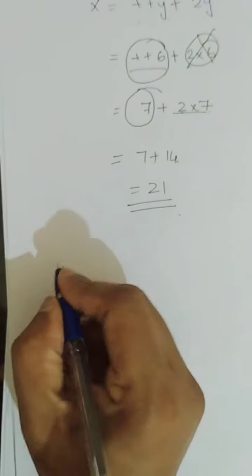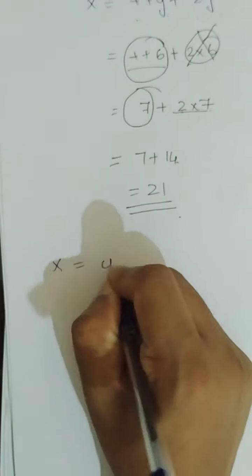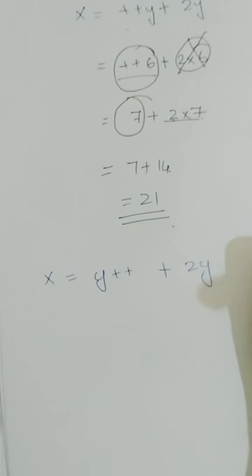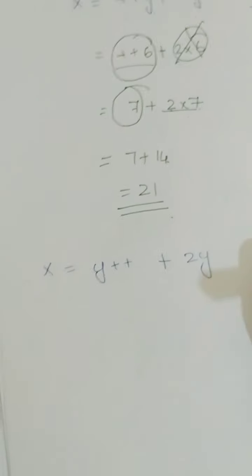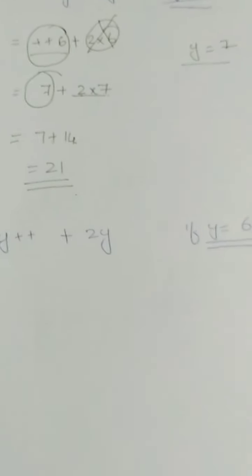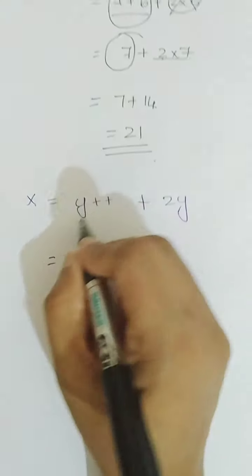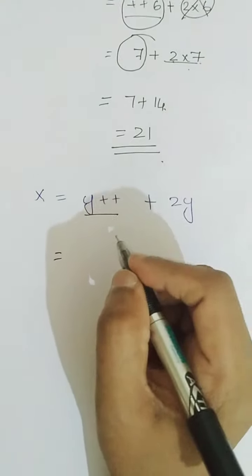Next, I will give you another example. We can solve another example. X is equal to y plus plus plus 2y. If y is equal to 6, same value. We'll solve it. As per this, it is a postfix, so use and change.